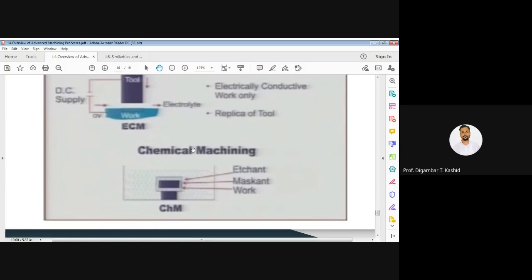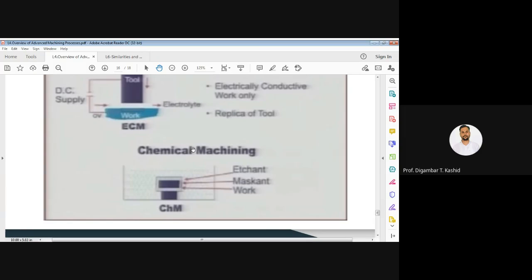Once again, I repeat: on your workpiece, if from some part you do not want to remove any material, then on that surface we have to place maskant.